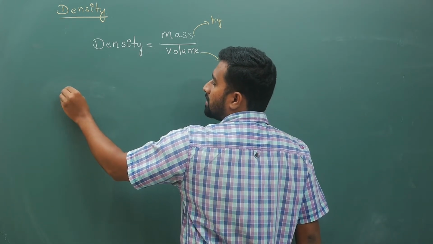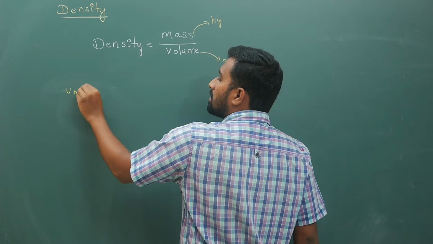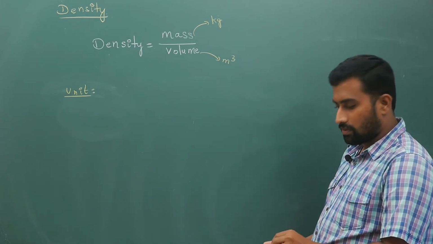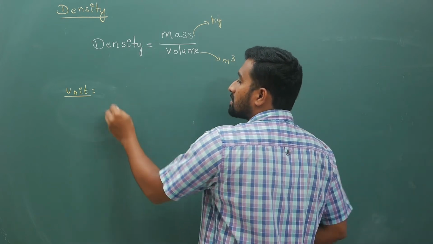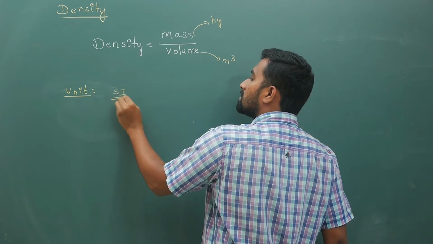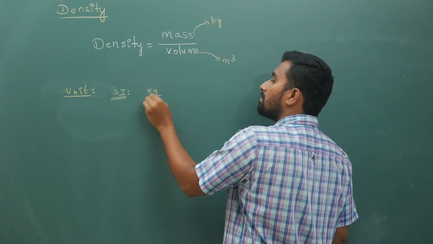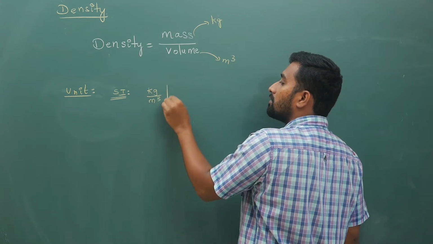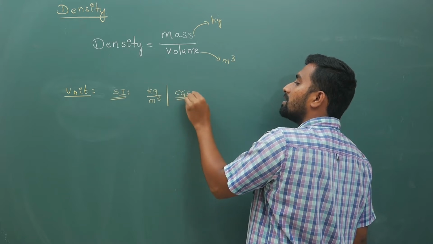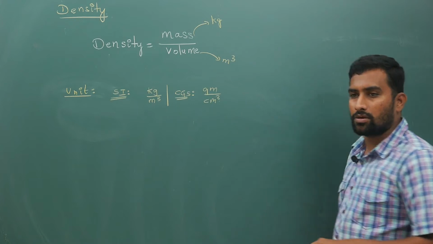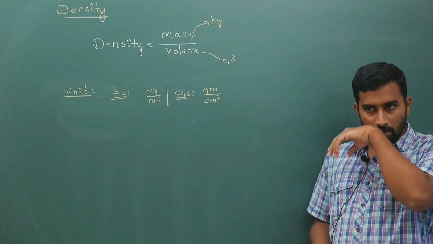The SI unit of density, the standard unit we always use commonly, is kg per meter cube. Your CGS unit is gram per centimeter cube. Centimeter cube is nothing but cc.